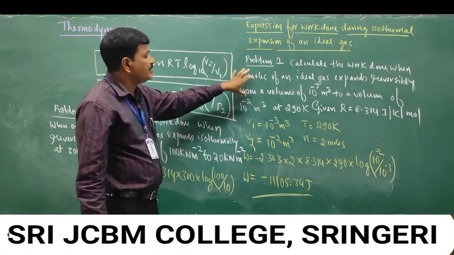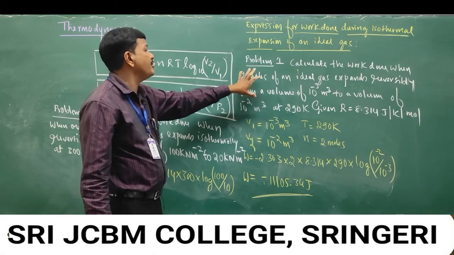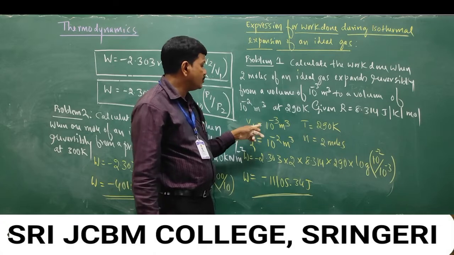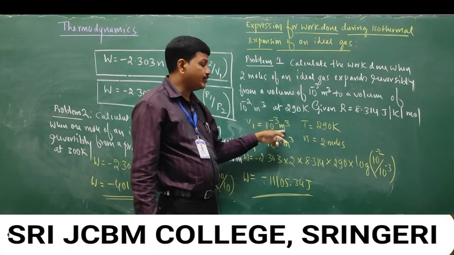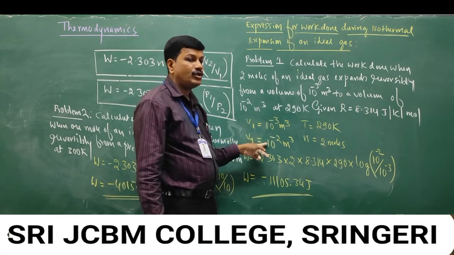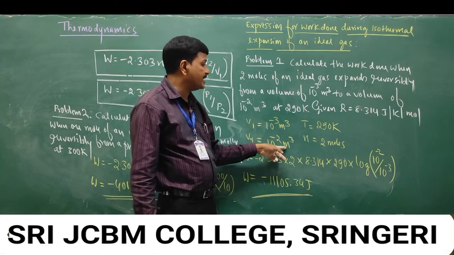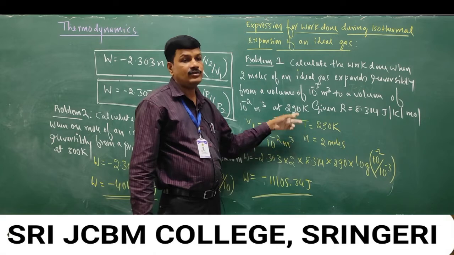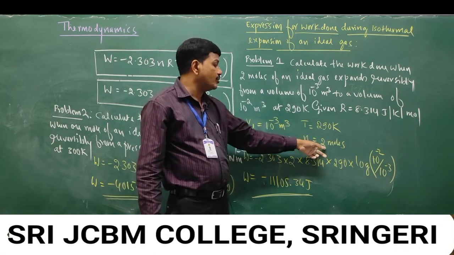Substituting what is given here. First you have to write the data. Here V1 is equal to 10 to the power of minus 3 cubic meter, V2 equal to 10 to the power of minus 2 cubic meter, temperature T is equal to 290 Kelvin and n, the number of moles, is equal to 2 moles.